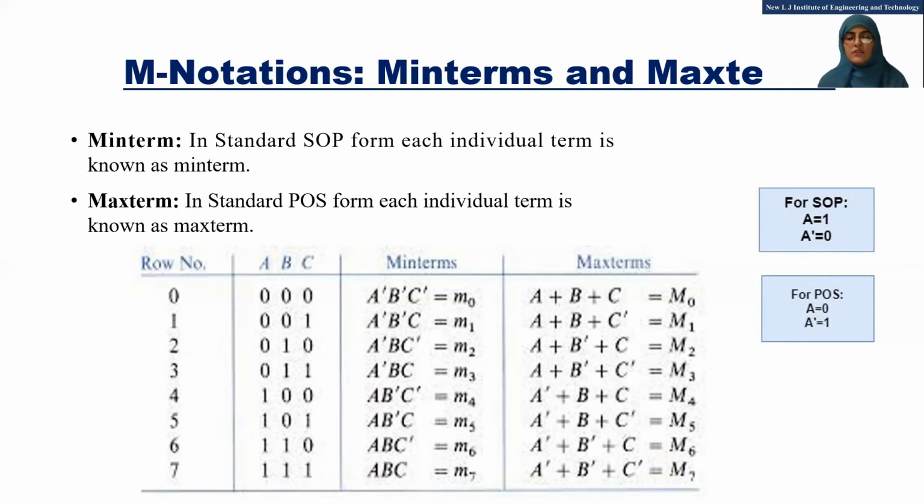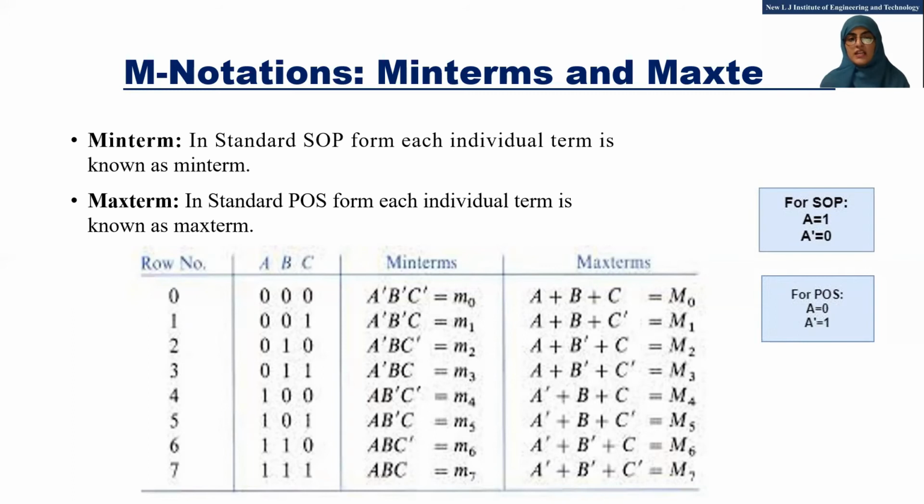Here we know that for SOP, A is equal to 1 and A prime is equal to 0. So in row number 0, 0 regarding input A will be A prime, 0 regarding input B will be B prime, and 0 regarding input C will be C prime.